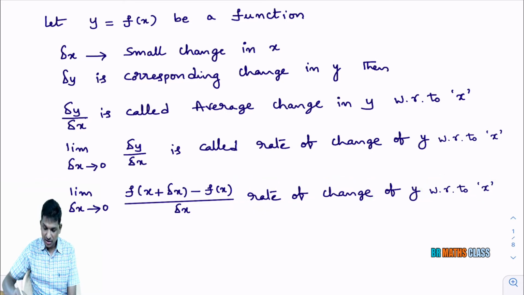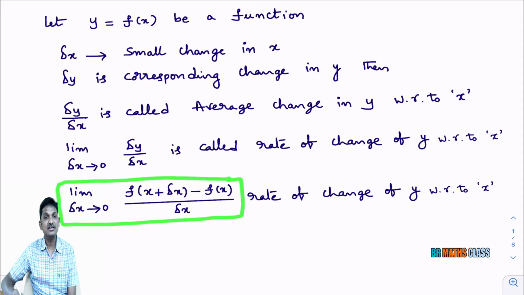If you observe this in derivatives, this is the first principle of derivative. Observe this carefully. The first principle of derivative will give you dy by dx. So whatever limit delta x tends to 0, f of x plus delta x minus f of x divided by delta x is there, that is nothing but dy by dx.